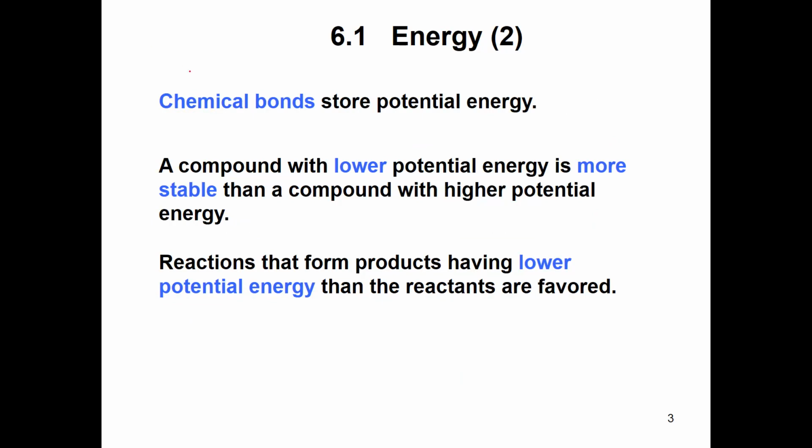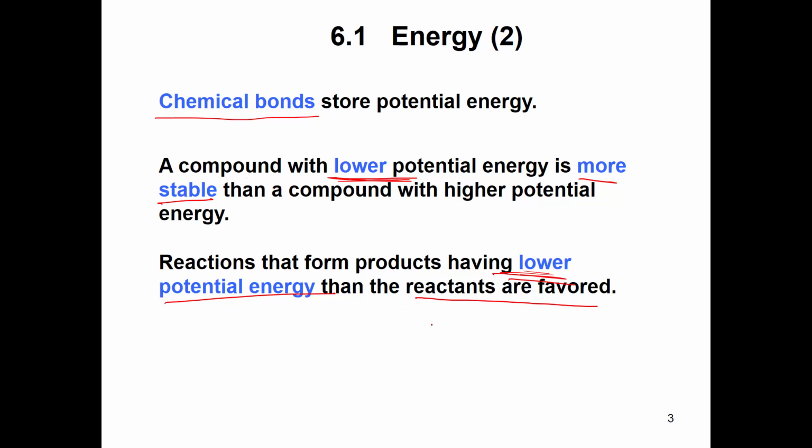Chemical bonds are how we store chemical energy. The lower the potential energy in a compound, the more stable it is. So that lower ground state, as we call it, is the more stable that compound is going to be. When reactants react to form products, if you have lower potential energy in your products, then that reaction is favored.